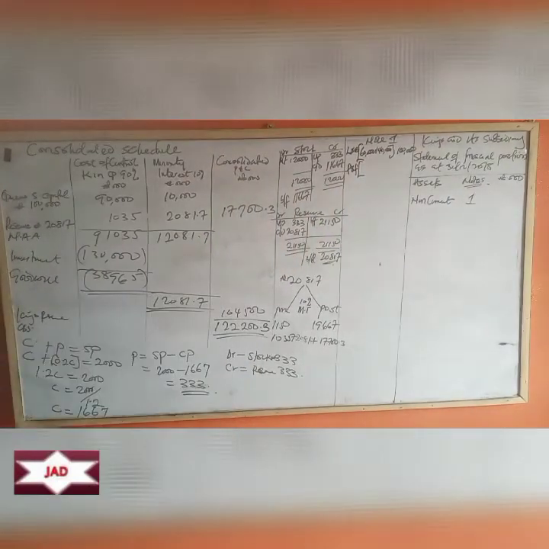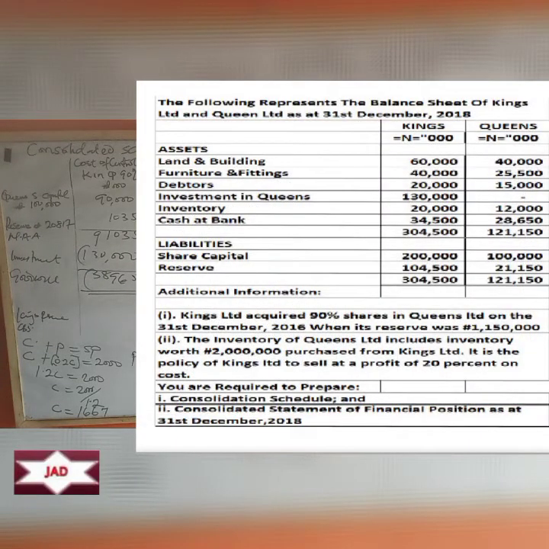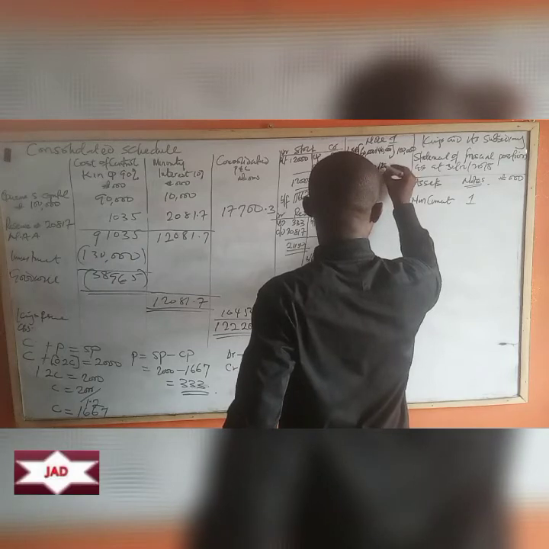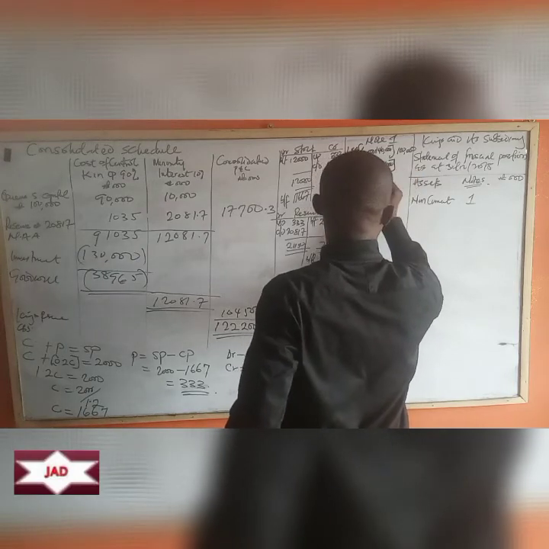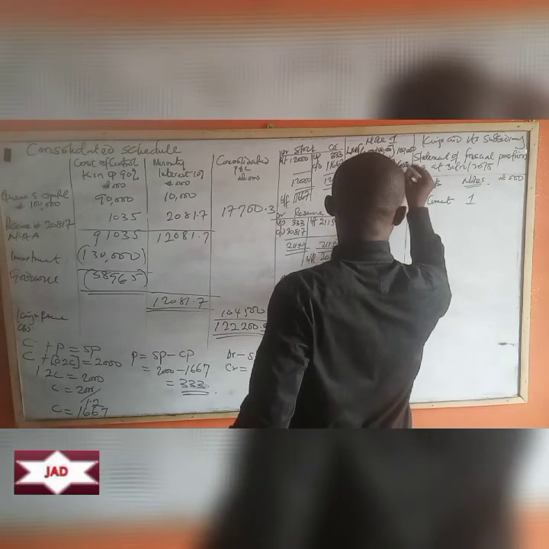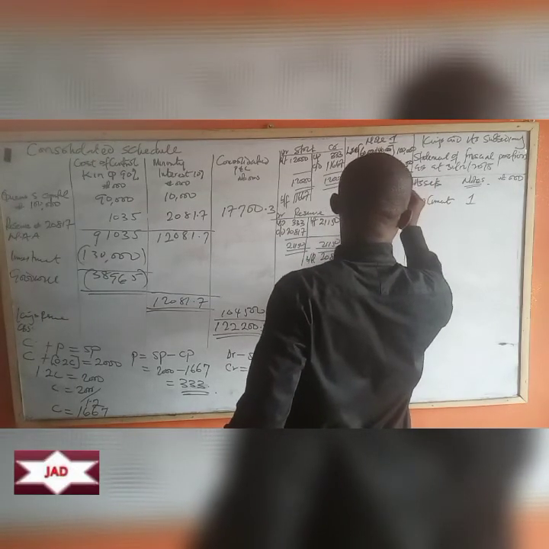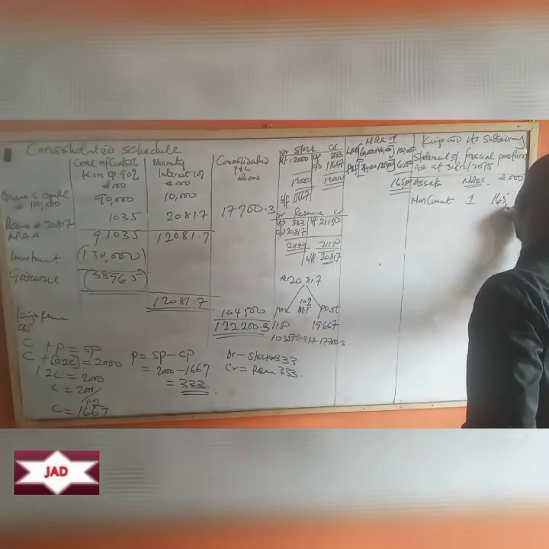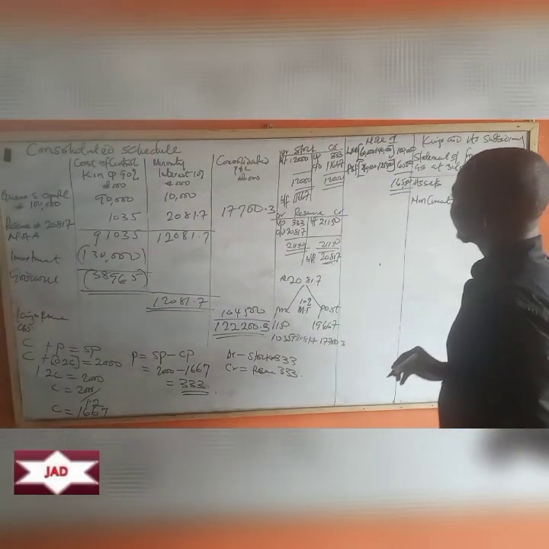So what do we have there? We have 40,000, 25,500. So that will be what? 65,500. So this is 165,500. 165,500, right?